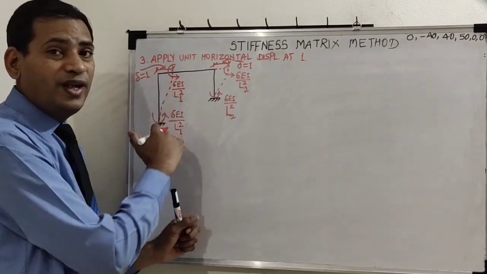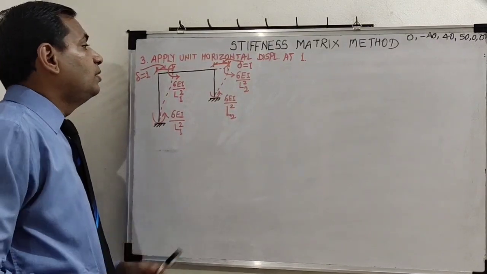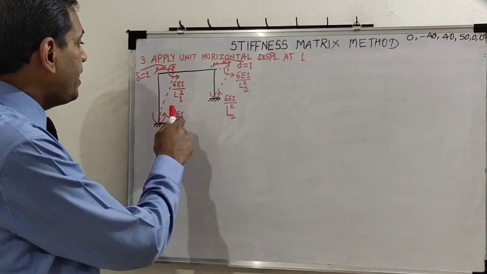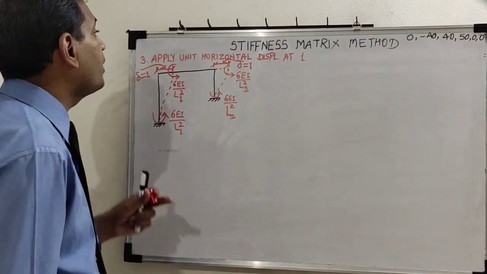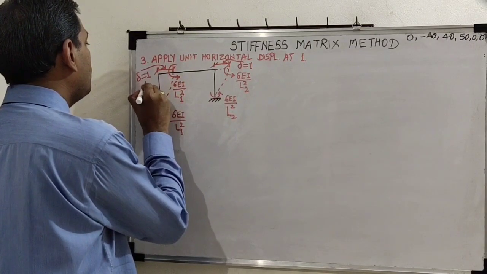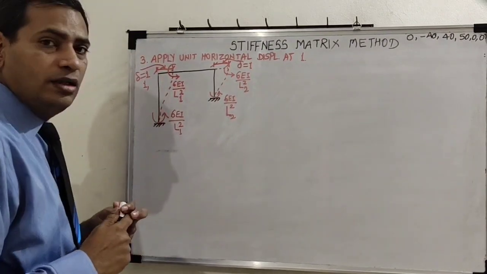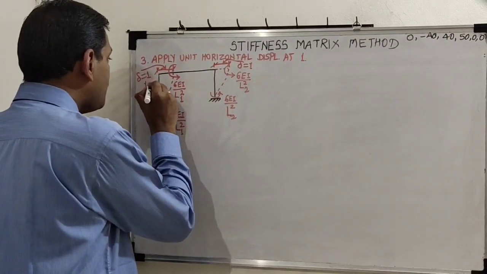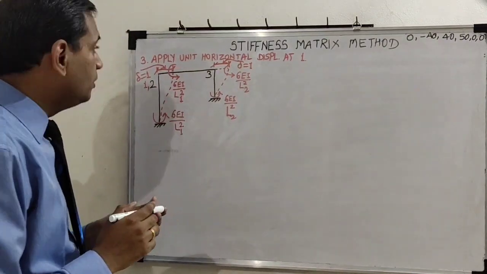It will not be half value on fixed ends. So 6EI upon L1 square. So where are our locations? Our first location and second location are at the same place. This is 1, 2 is also here and 3 is here.